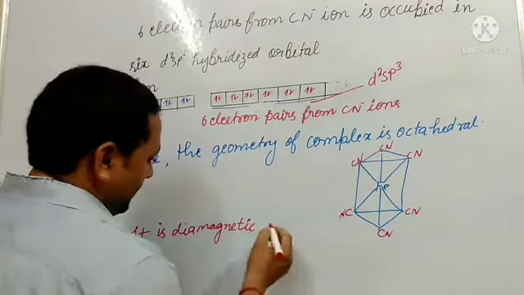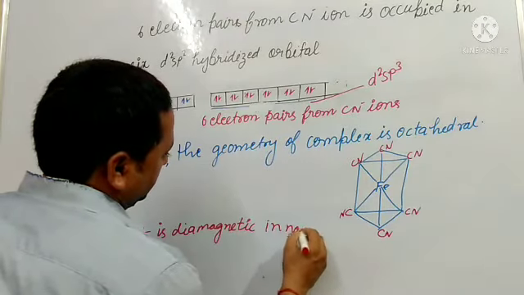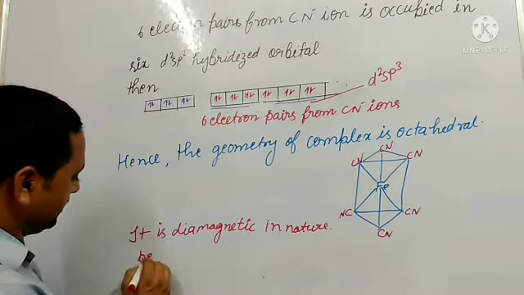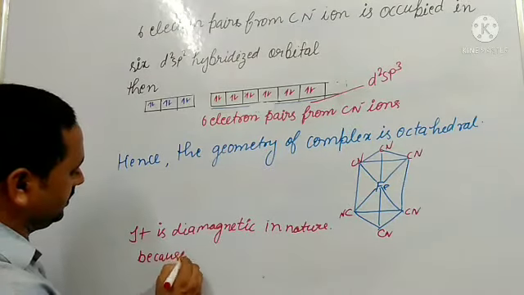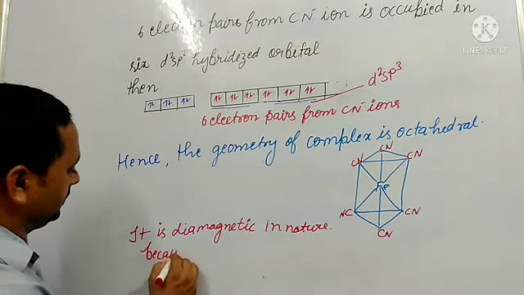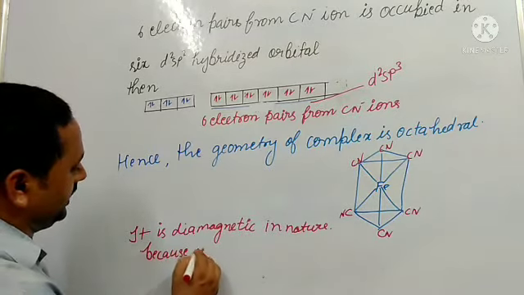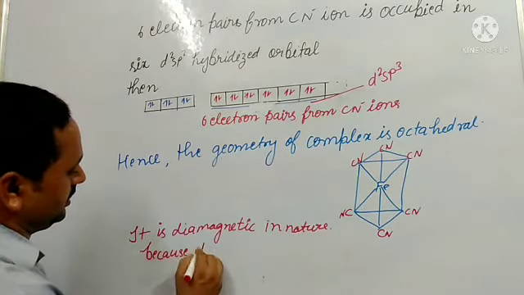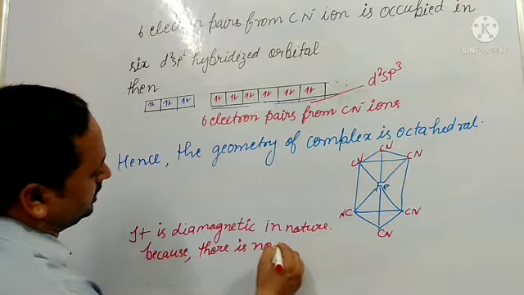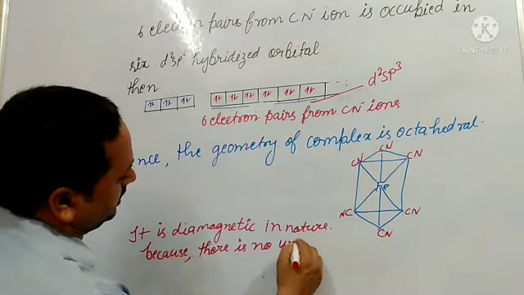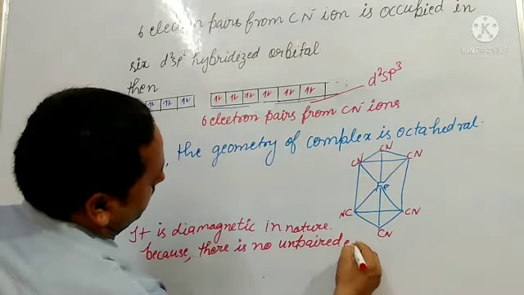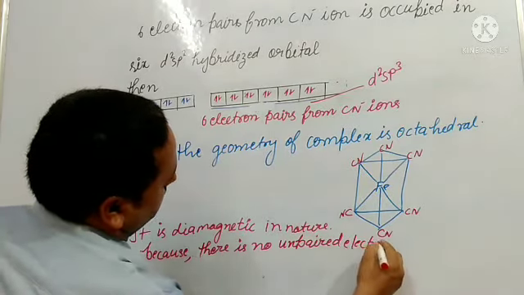It is diamagnetic in nature because there is no unpaired electron.